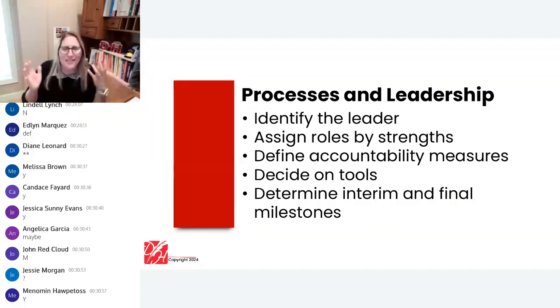We all still have very full plates. So how are we going to set some accountability measures and some structure to ensure that the work continues to move forward and is done on time, if not early? We want to figure out what tools we're going to use for how we share, how we interact. And as we think about what are the things we will measure and mark our success on, define our success by, how will we determine what those are?